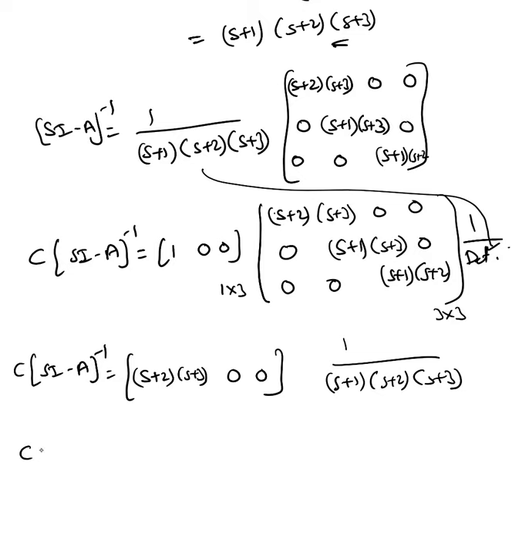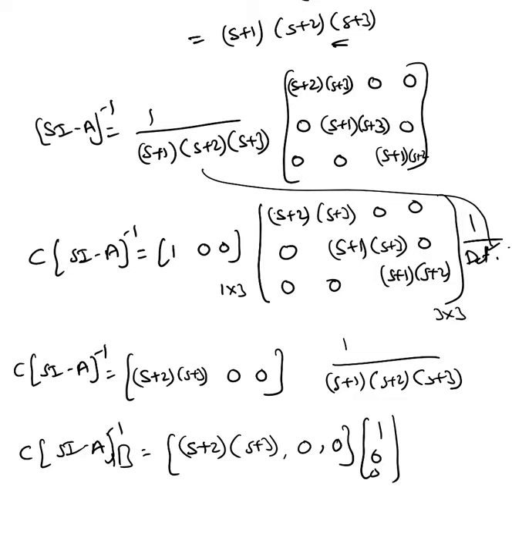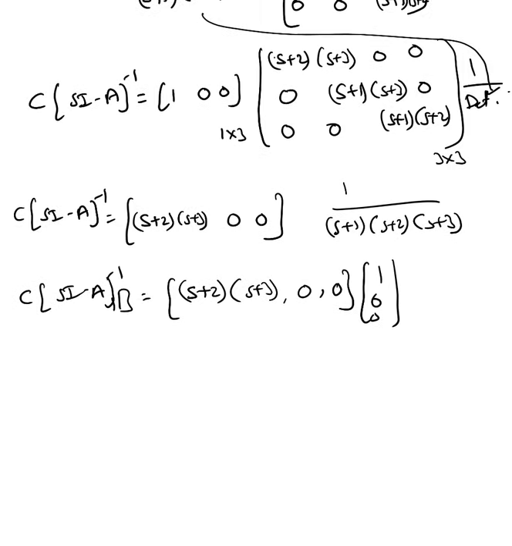Now C times (sI minus A) inverse times B: s plus 2 times s plus 3, 0, 0, and we have B equal to 1 0 0, over s plus 1, s plus 2, s plus 3.